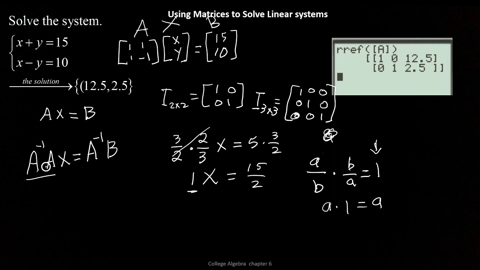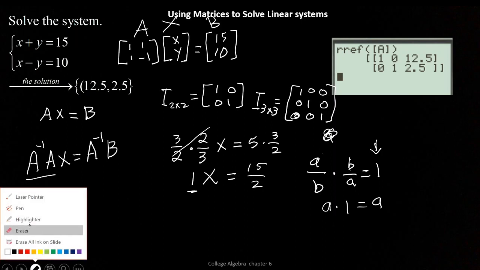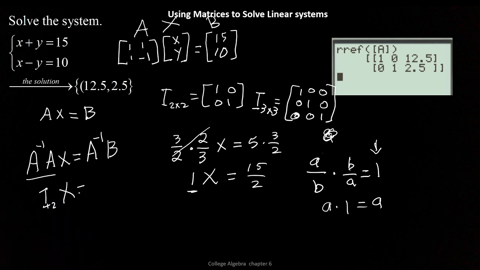So what we get here is just I 2 times X equals A inverse times B. Now we know that I times X is just like 1 times X, which is X. So the answer is given by what? By the inverse of the matrix times the matrix on the right-hand side.